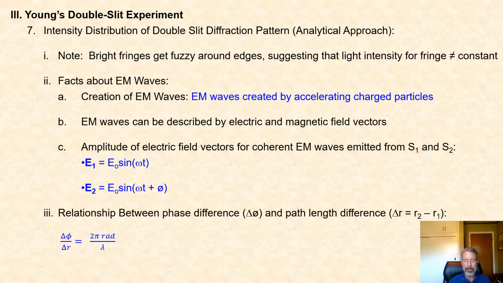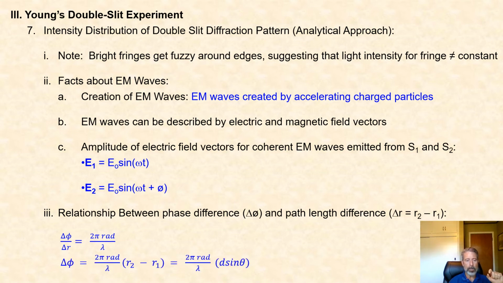So a phase difference, delta phi, divided by a path length difference, delta r, must be equal to the ratio 2 pi radians over one wavelength. In other words, saying that there's a path length difference of one wavelength is completely equivalent to saying that these two waves are 2 pi radians out of phase with each other. And in this case, we're talking about the electric fields of these two waves.